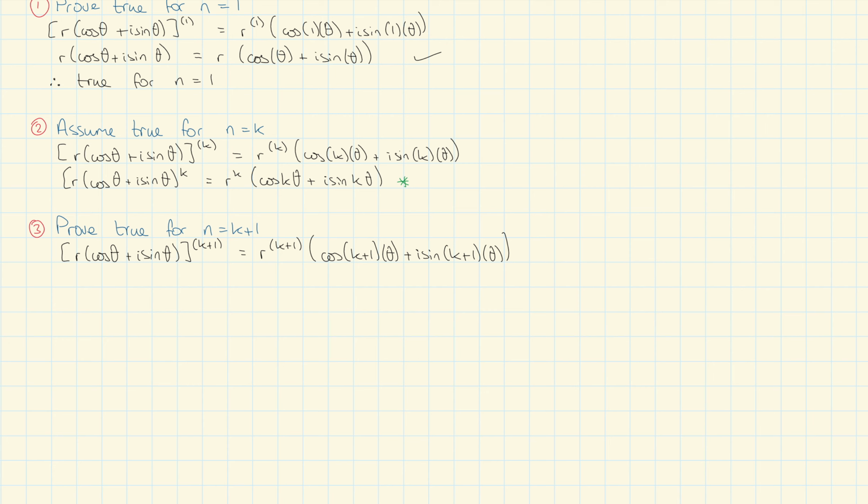Left hand side here, using indice rules, I can rewrite, and then that'll help me introduce my assumption from n is equal to k.